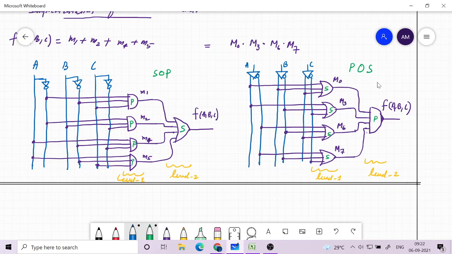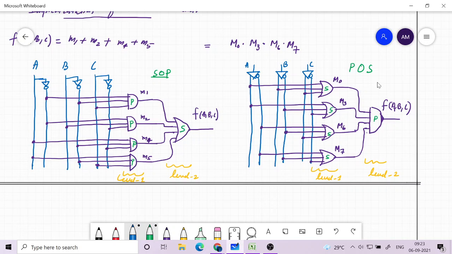So depending upon how many input variables are there, in SOP form, the number of inputs to the AND gate will be basically equal to the number of input variables. So if there are 3 input variables A, B, C, then 3 input AND gates are required, and then the number of inputs to the OR gate in SOP form will depend upon the number of minterms.